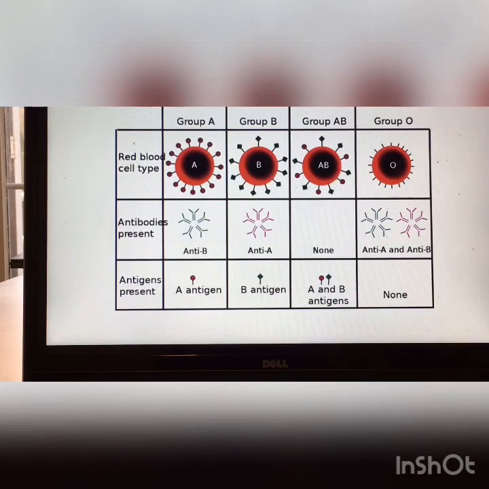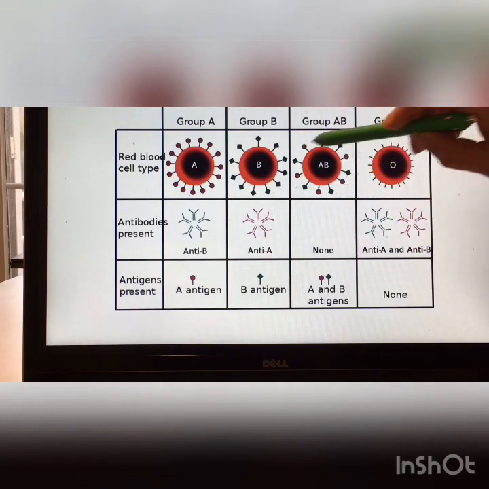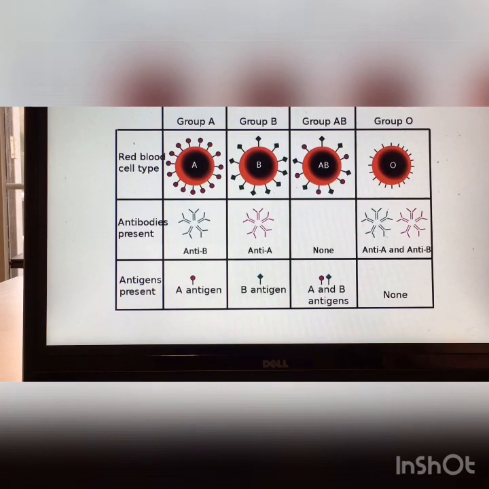So the idea is that if you are type AB, you don't make any antibodies, because neither of those proteins are foreign to you, because you were born with both of those proteins on the surface of your red blood cells, so there are no foreign proteins. The idea is that if you get a blood transfusion from somebody with an incompatible blood type that has a protein on the surface of their blood that is not a protein that you were born with, your body will recognize it as a foreign invader and attack it, and that can actually kill you.